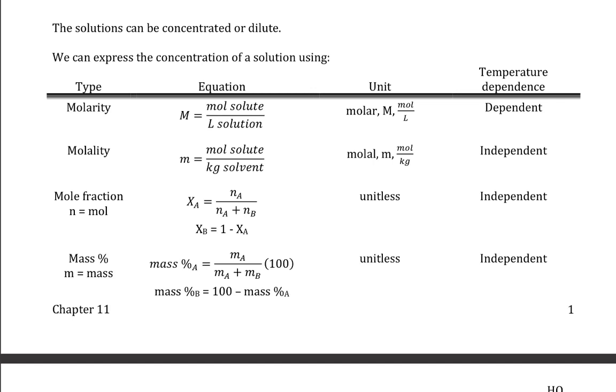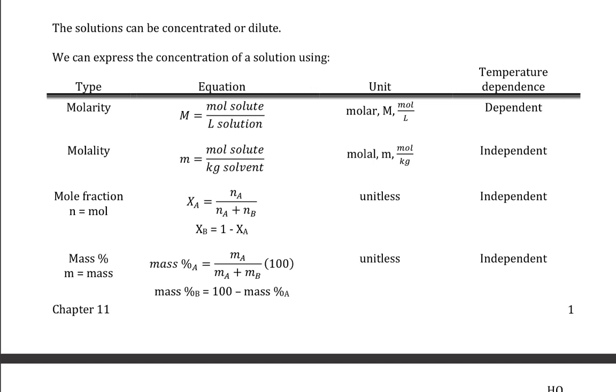The unit is the molar, capital M, or we could say moles per liter. It turns out it's temperature dependent because the volume of the solution is temperature dependent. The moles of the solute, no, that's not dependent on temperature, but the volume is. As we heat a volume, it expands.